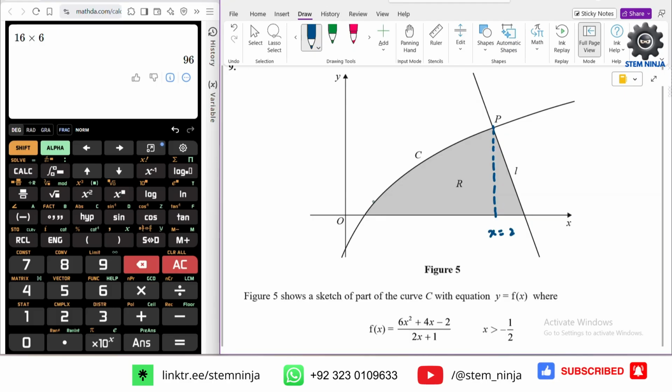So we need the area from, we need to figure out where this is also. Right, so 6x squared plus 4x minus 2, we need to figure out the roots for this.